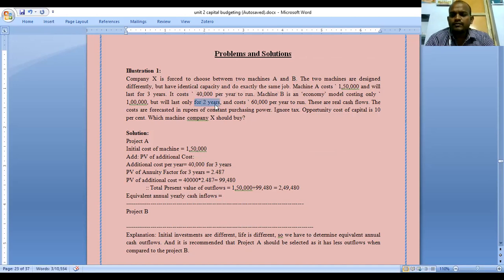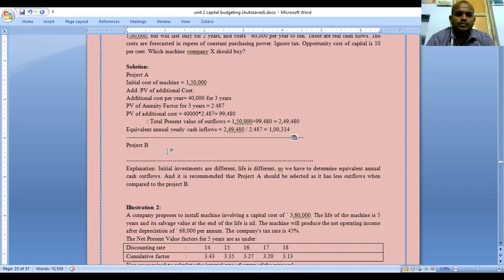So life disparity is there. If you convert the outflow on a yearly basis, so how much is the yearly outflow? Then it is very easy to compare the projects, and you can judge which one is the best.